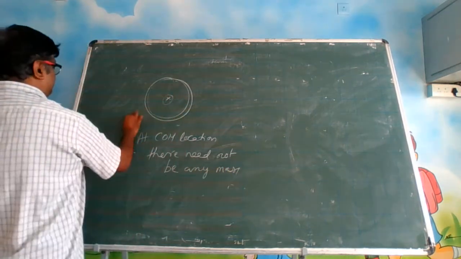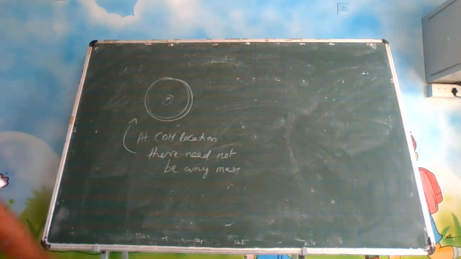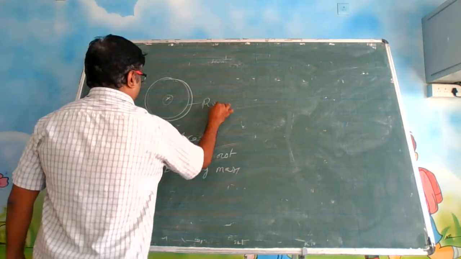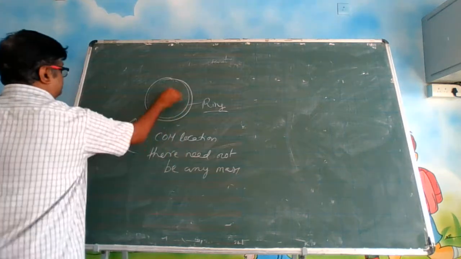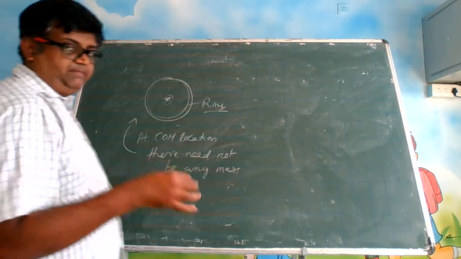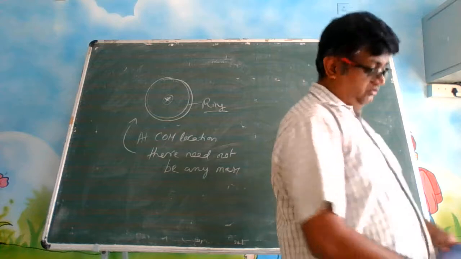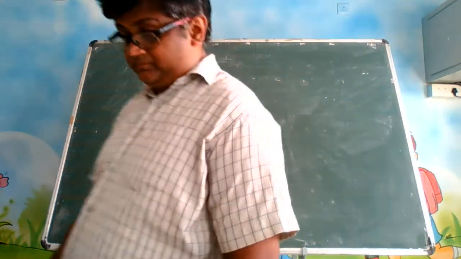This is the example. Often it is asked. So this is a ring. A ring's center of mass is in the center. There is no mass there. Ring means Angudi type. Okay. So this also you can make a note of.